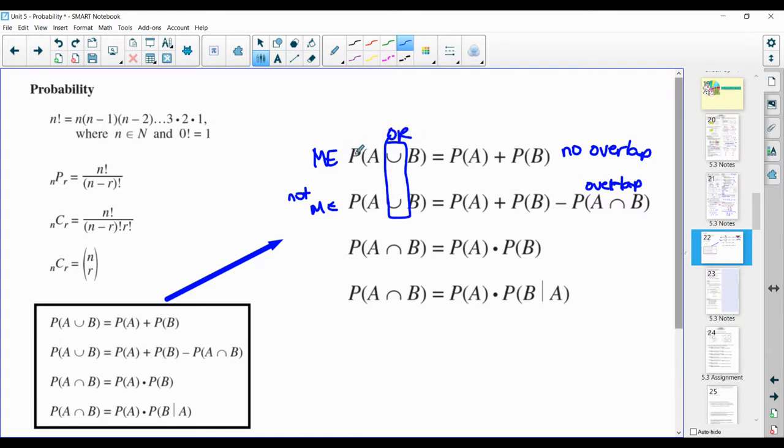So for mutually exclusive or not mutually exclusive, we're looking at or scenarios, and we're looking at whether we have to subtract the overlap or not. The other 2 are the ones that we're going to get into in the next lesson. And so the first one is independent and dependent. And I won't go into details with those right now. But remember, mutually exclusive, not mutually exclusive, independent, and dependent.